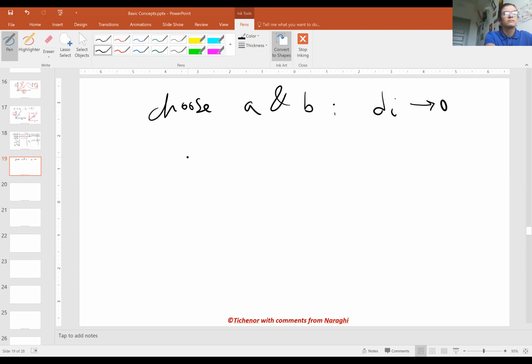I can define an error function that I call chi squared, which is the sum of i from 0 to n of di to the power of 2. Can anyone say why I wrote this to the power of 2? So that sign doesn't matter. Exactly.